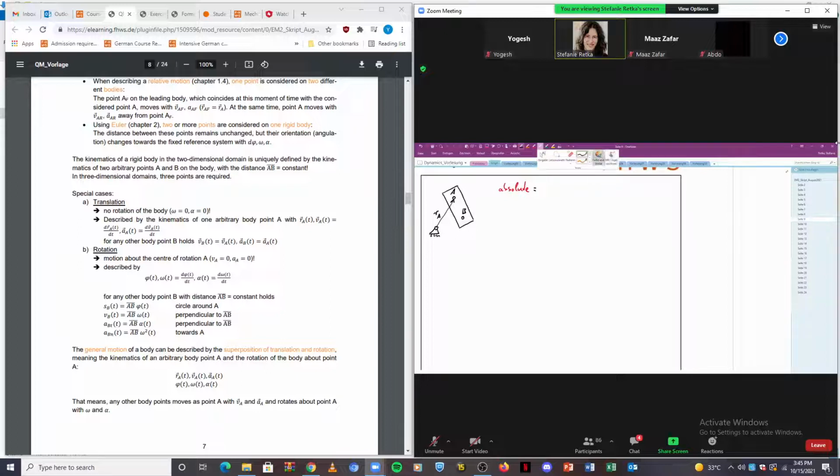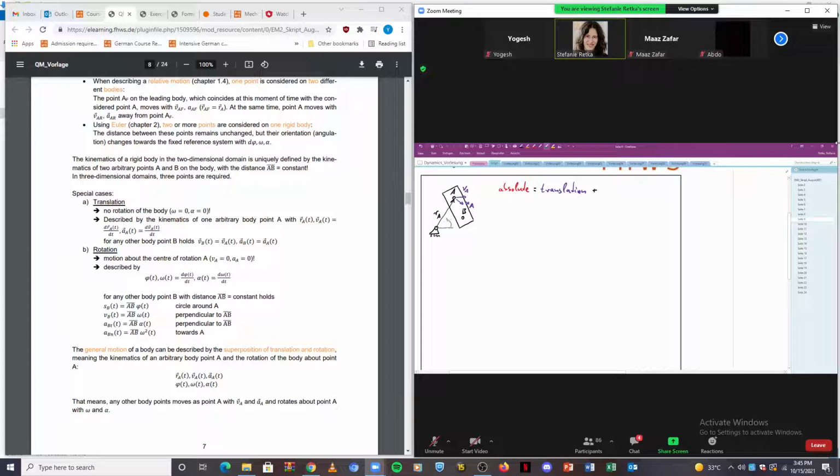So we say, okay, our object translates as point A. So we might have a velocity vA here and an absolute acceleration of point A, maybe pointing over here. And then we add the rotation of point B about A.